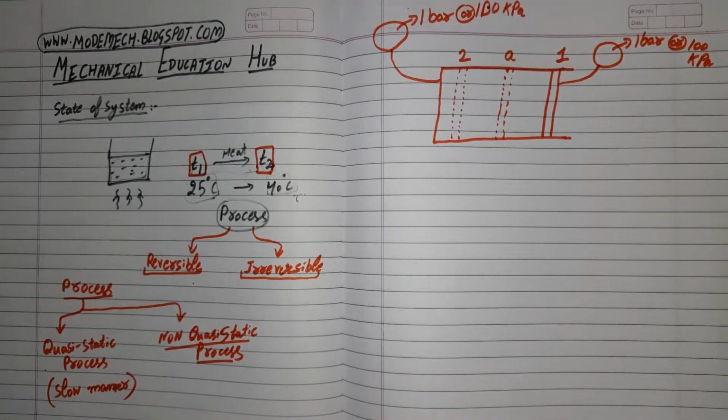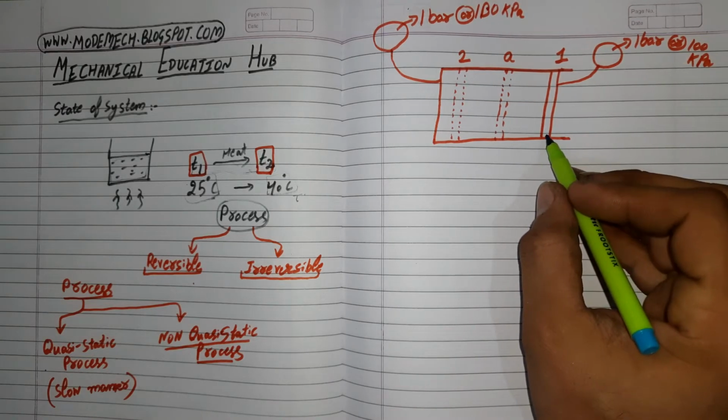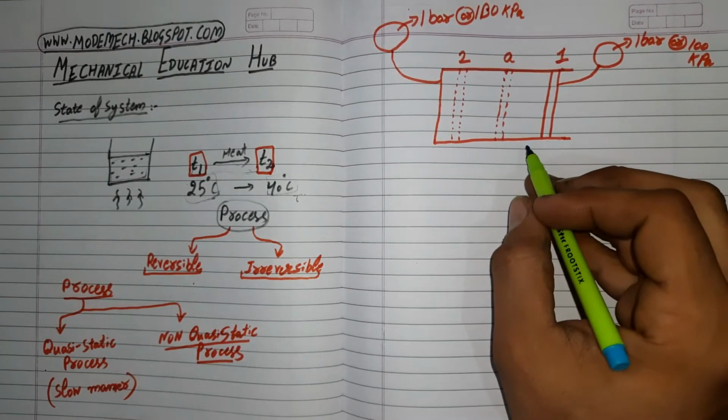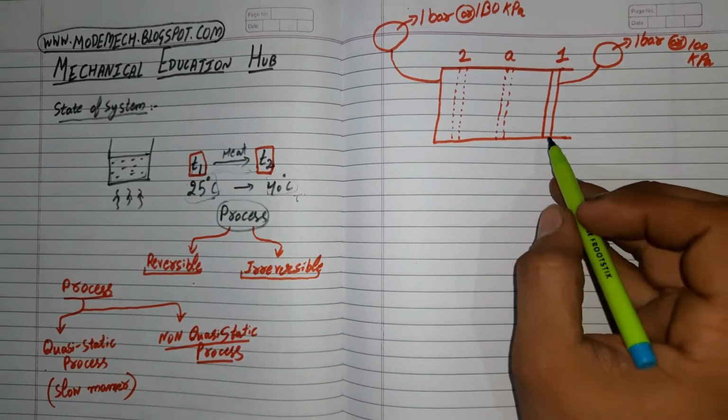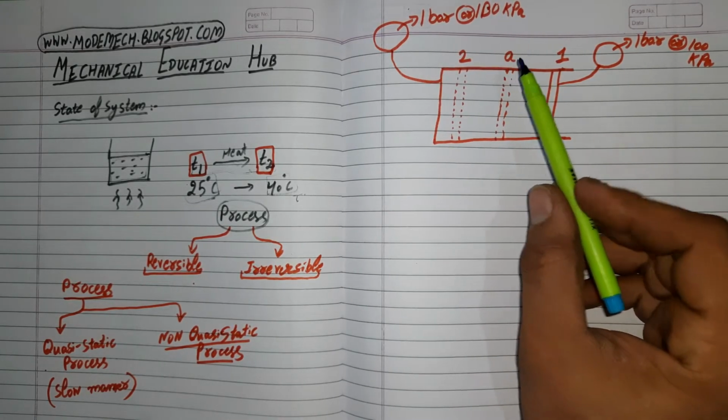Here, let's consider that this piston will undergo a process of compression, where its initial state is point 1 and its final state is point 2.